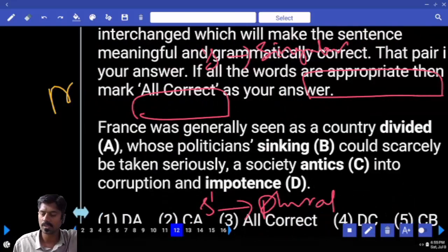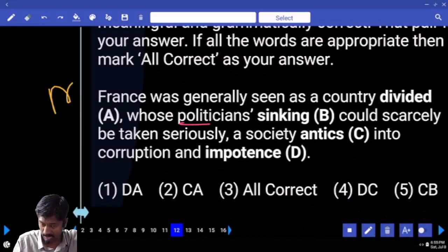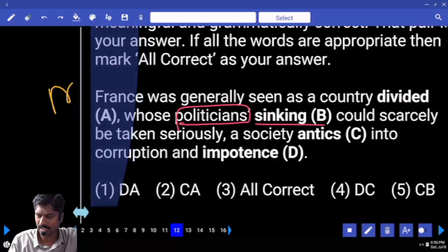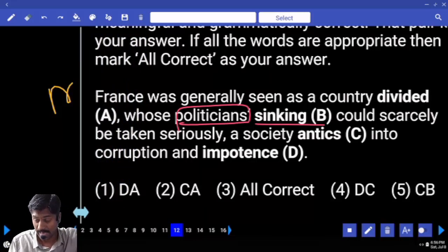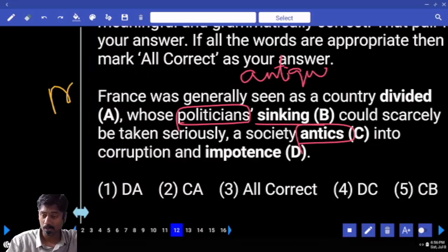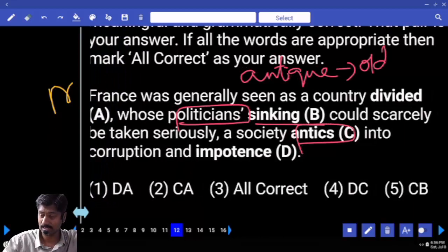Now here, what is given? Politicians. Both are politicians'. I require a noun. Apostrophe before or after the s doesn't matter, but I require a noun. Politicians' sinking? No. Politicians' antics. Antics means there are two antics. Old items which are still significant, that is antique.